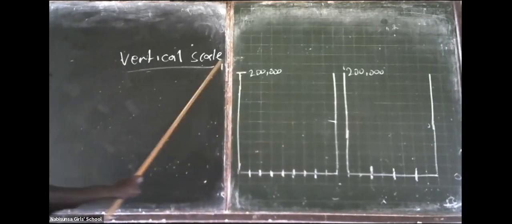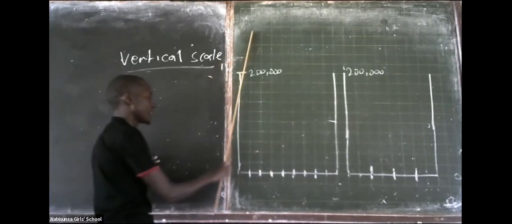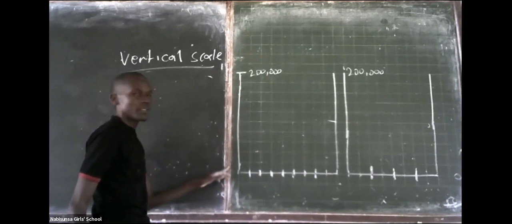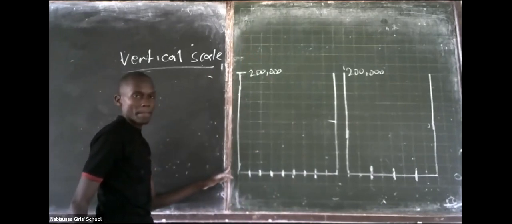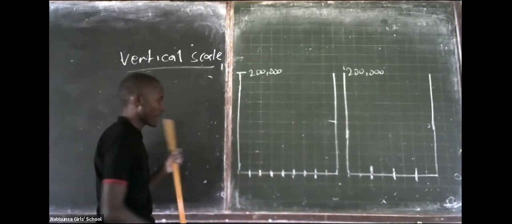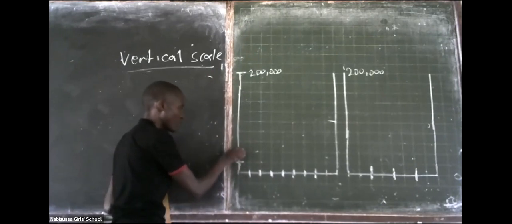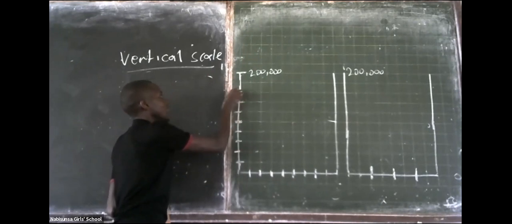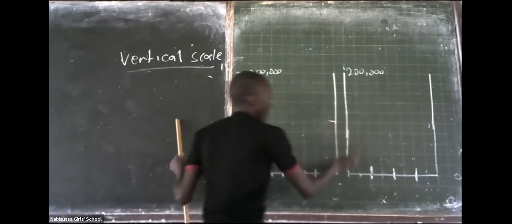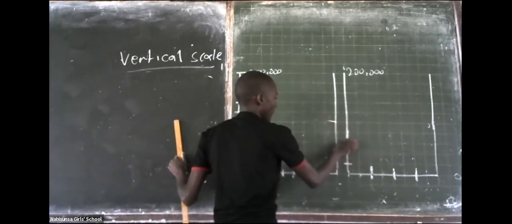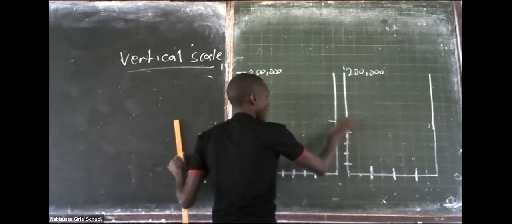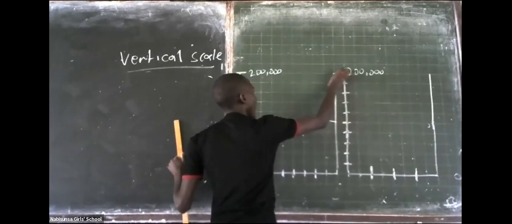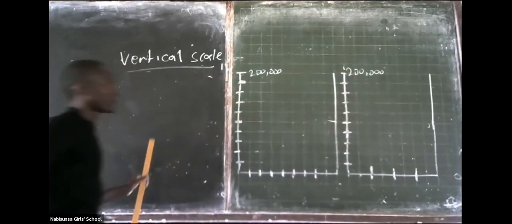Now we said this line is divided into how many equal parts? 10.